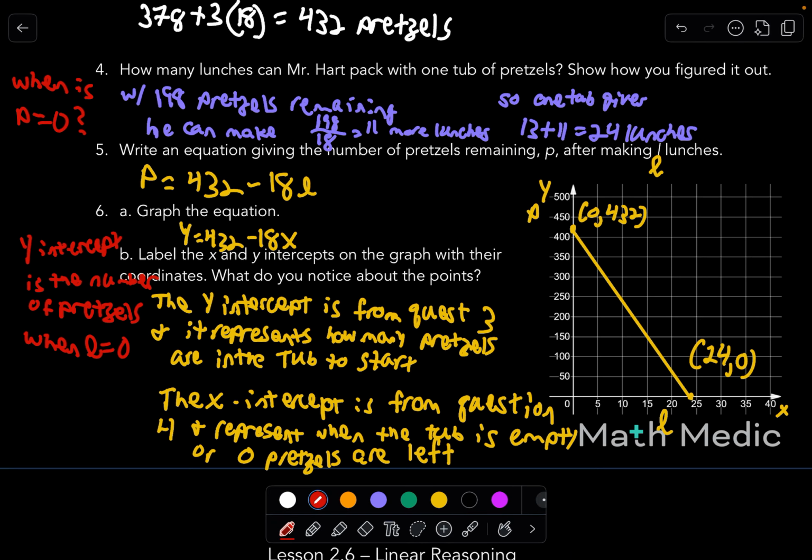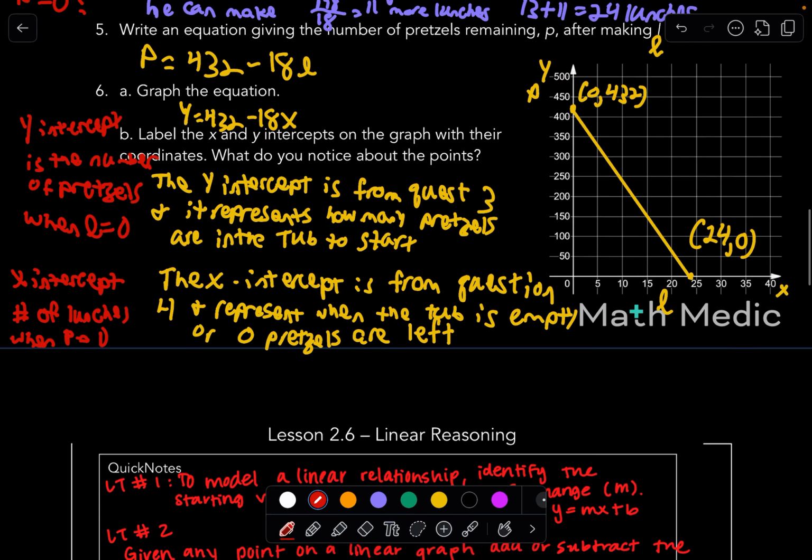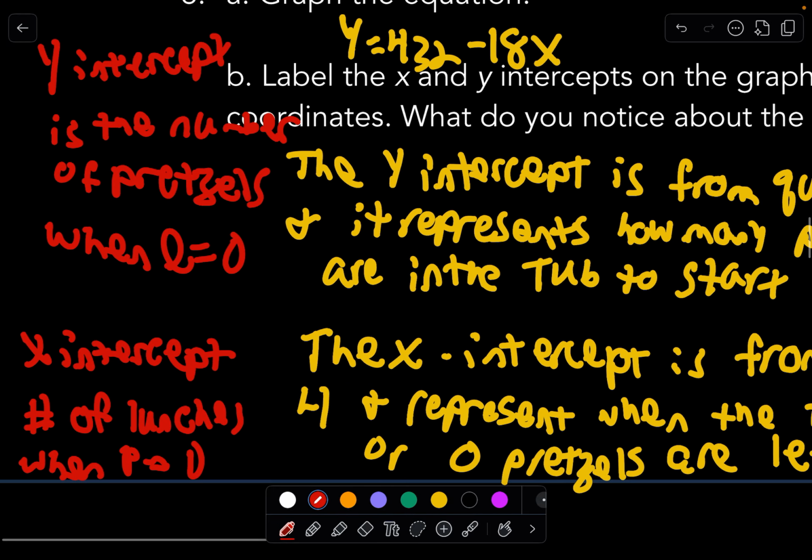And the x-intercept is the number of lunches when P equals 0. Okay. There you go. You might want to write those red things down.